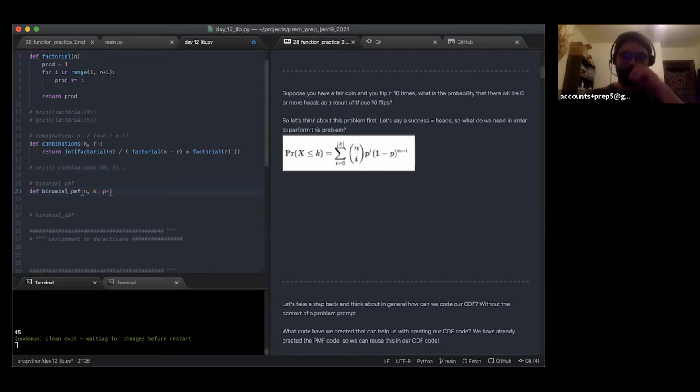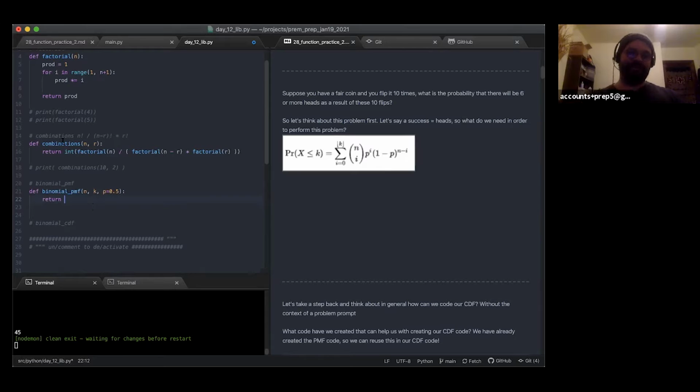I'm going to default p to 0.5. Then we'll return, and we just implement the code to the right of the sigma here, and that's our PMF.